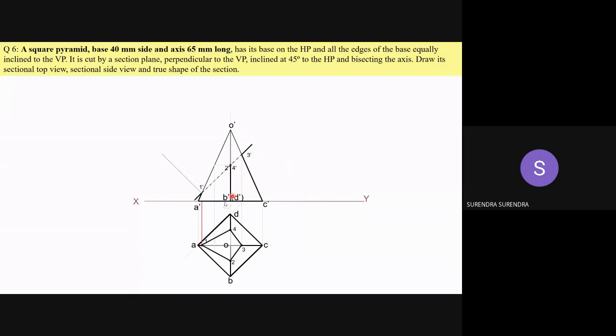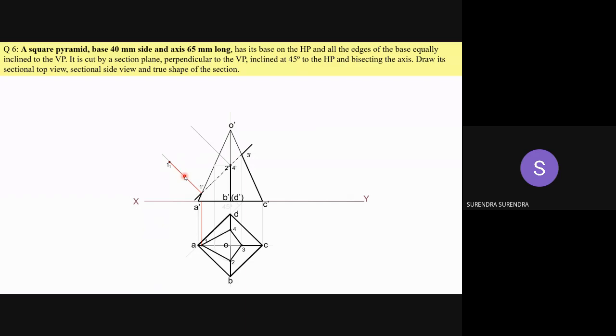Now, measure the distance from XY line to 1, see this red color line, with compass. Set 1 dash as radius, draw an arc on this line. So you'll get the point. Name this point as 1, 1.